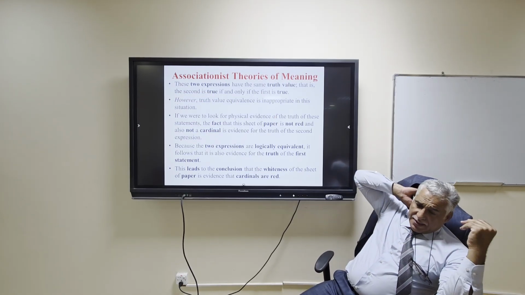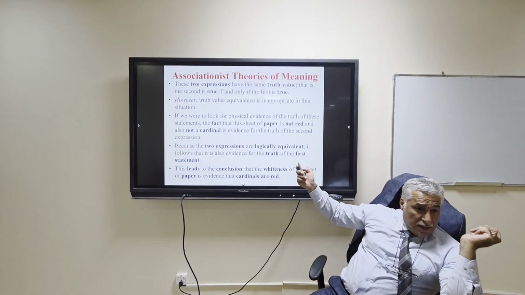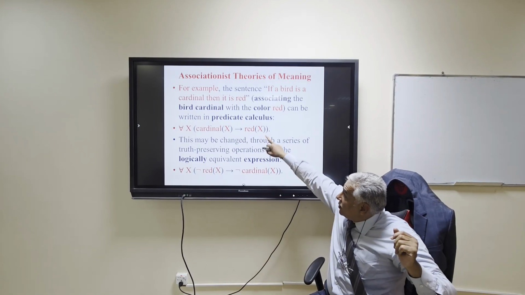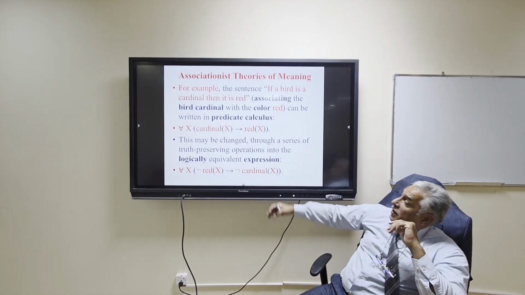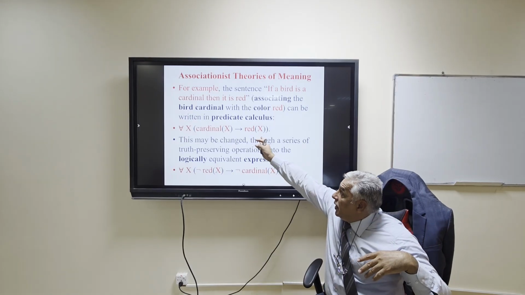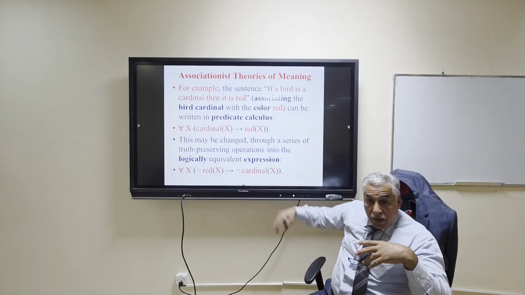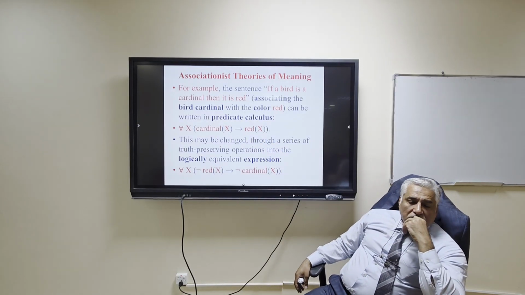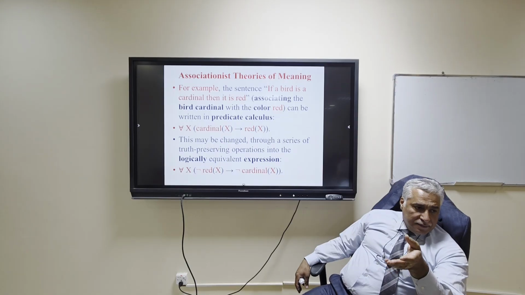These two expressions have the same truth value. That means when this is true, this is true. For example, if x is something that can be red, that means x is part of cardinal.